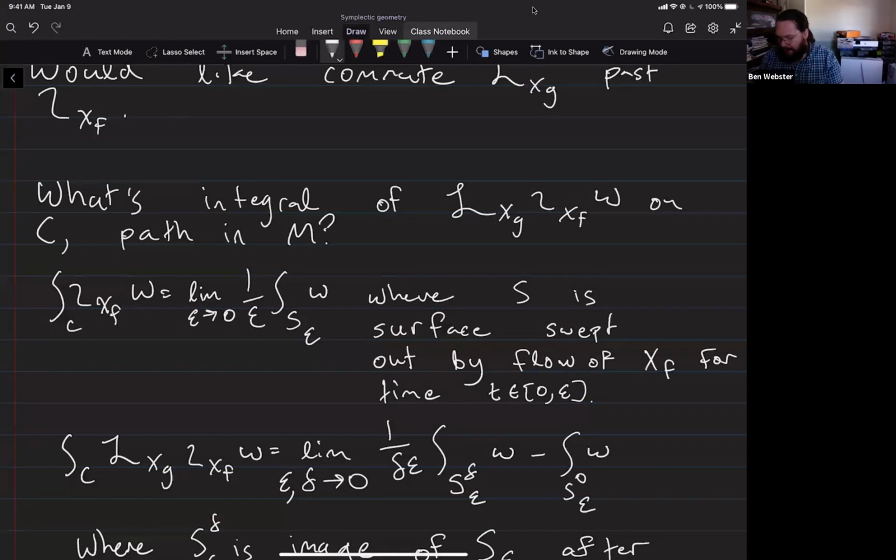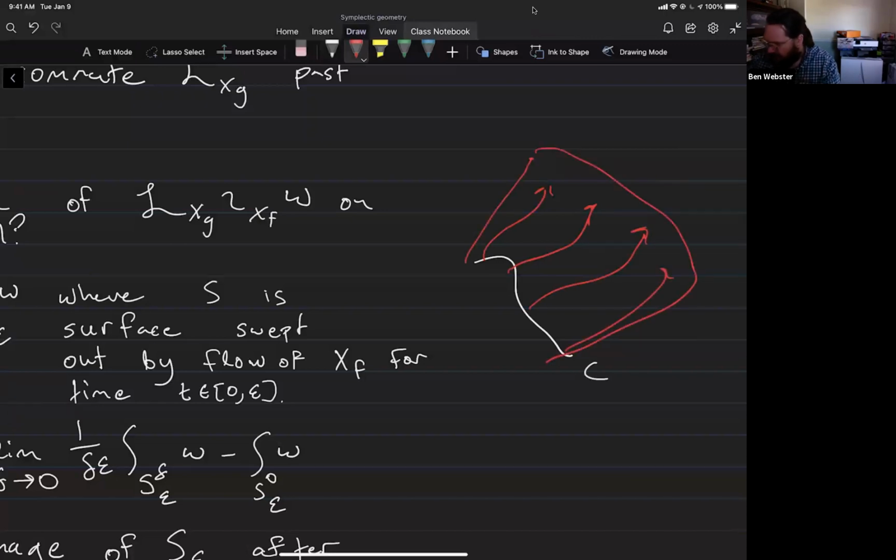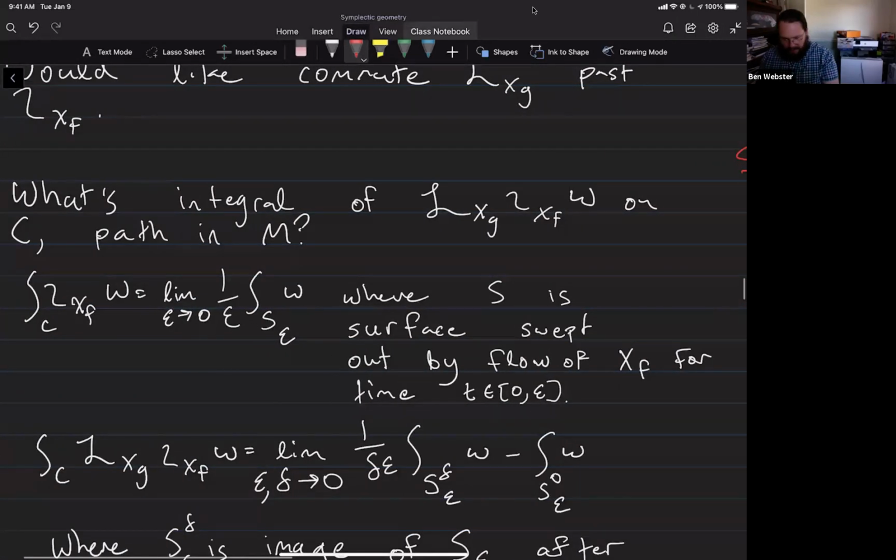The way I think about contraction is I take my vector field, that generates a flow, and I can look at my cycle and let it trace out a surface under that flow. So I start with a cycle C, and then as I do some flow, I trace out a surface. I was calling this S epsilon. So contraction is I look at the integral of my form omega over this surface. I can integrate two forms over surfaces.